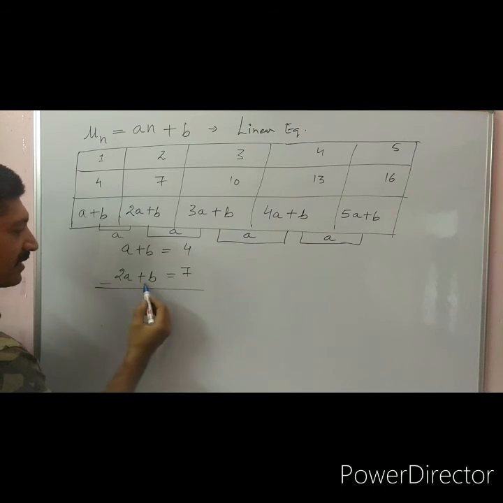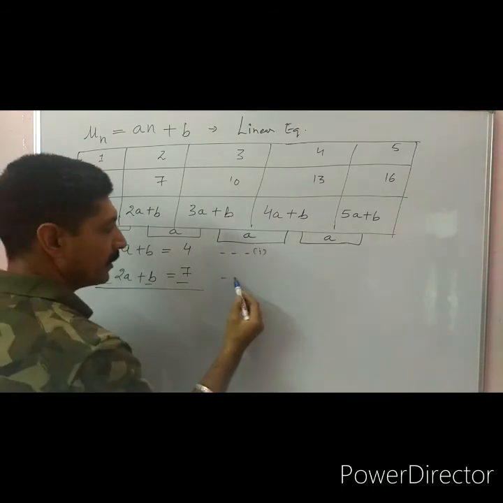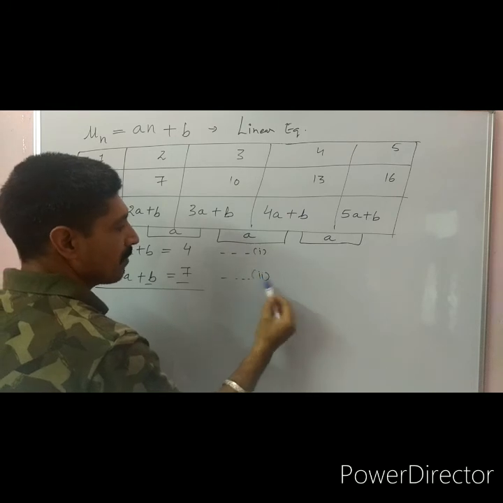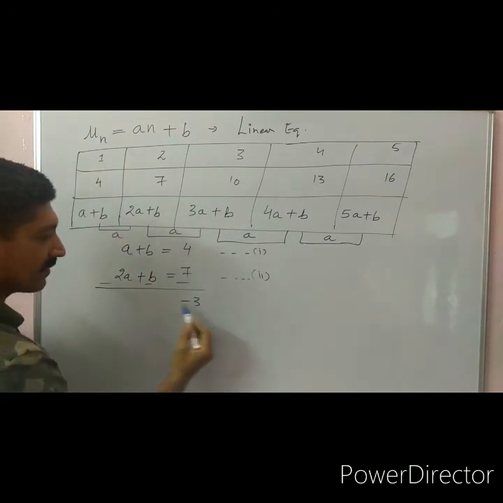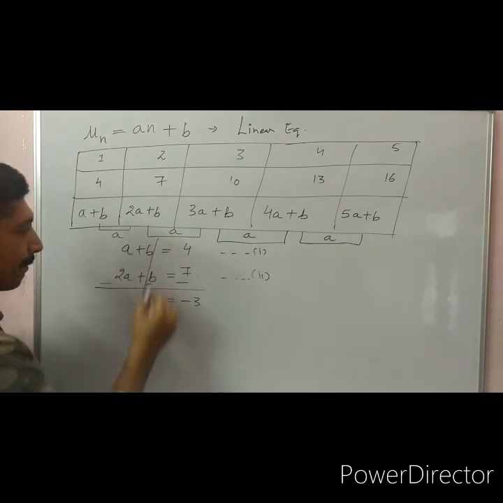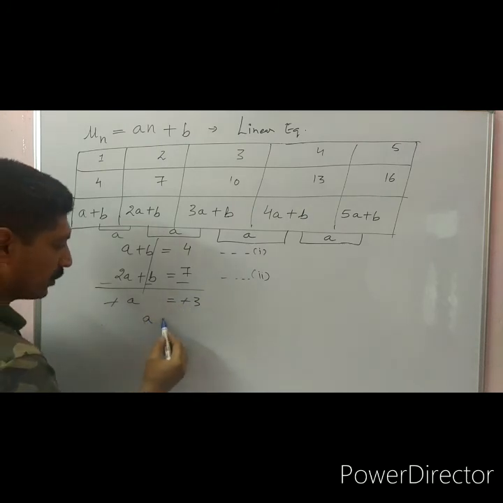If we subtract, let this be equation number 1 and equation number 2, subtracting 1 from 2, we have a, and b gets cancelled. So here we have the value of a is equal to 3.